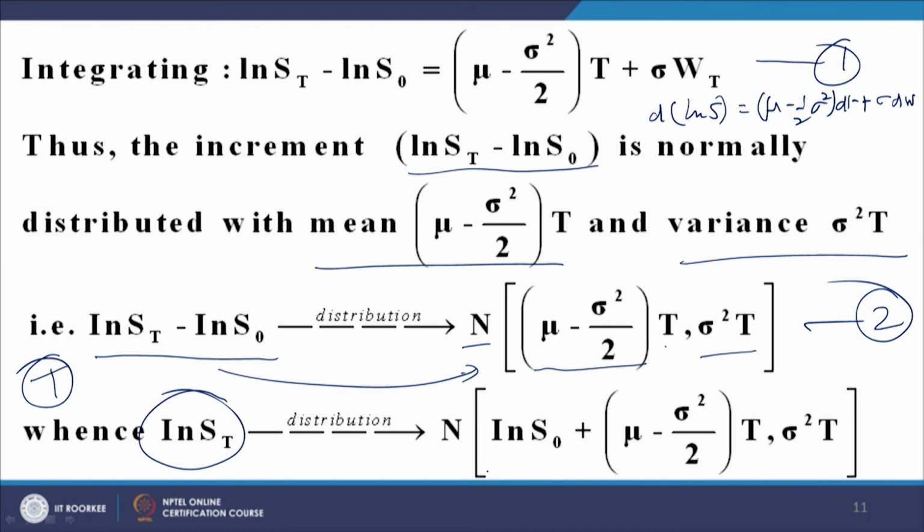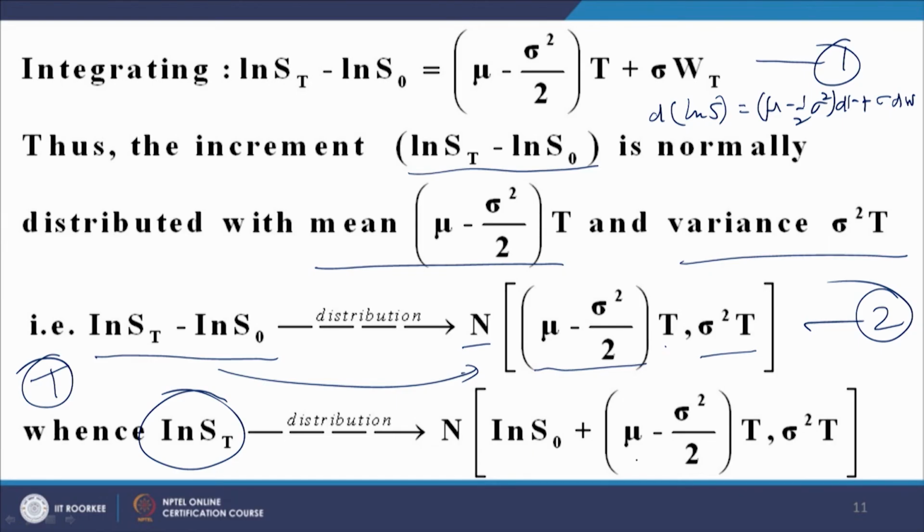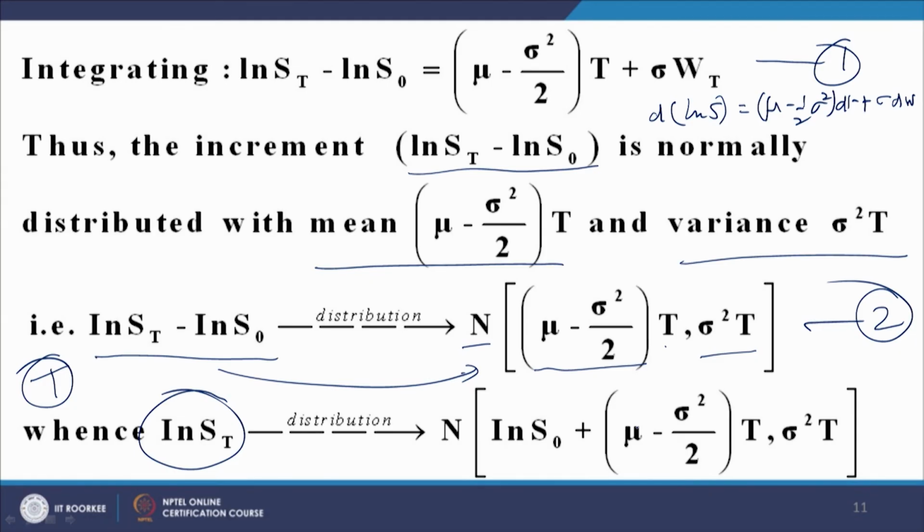We find that the log of S t is normally distributed with a mean given by log S 0 plus mu minus sigma square upon 2 into t and a variance of sigma square t. That means S t follows a log normal distribution. Log S t follows a normal distribution, therefore, S t follows a log normal distribution. If log x follows a normal distribution, then x follows a log normal distribution. So, that is the definition of log normal distribution.